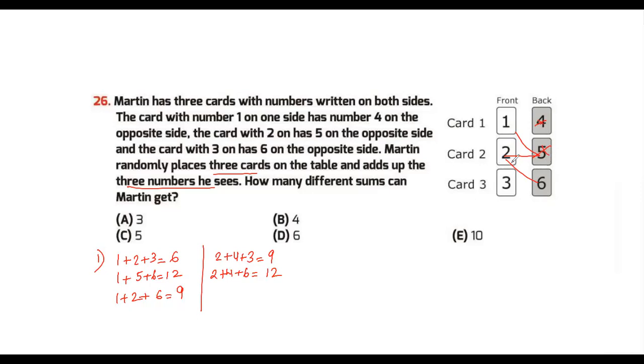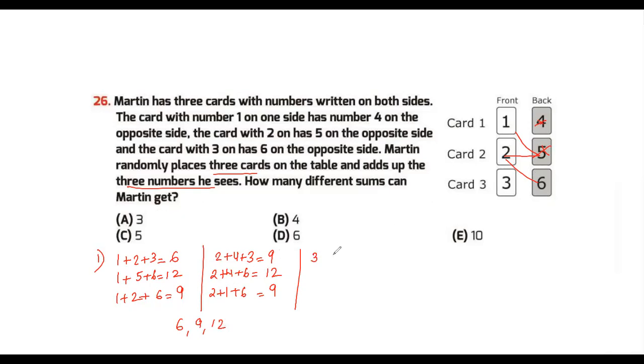Or 2 plus 1 plus 6, which is again a 9. So these are the numbers. So if you see now, what are the common sums that I'm getting? I'm getting a 6, a 9, and a 12. Okay, so it's 3, but we have to keep trying.